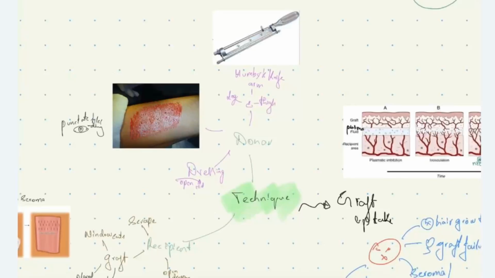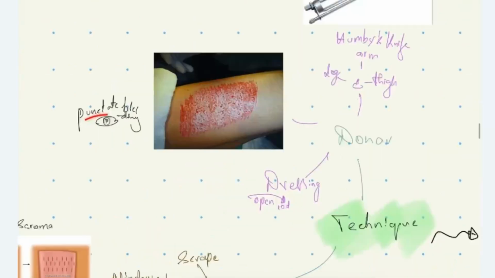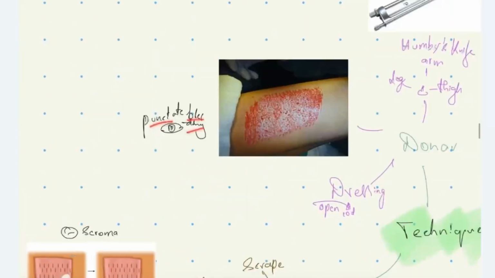The appearance of punctate bleeding in the donor will suggest that we have successfully taken the skin graft correctly. The success of the method of taking the skin graft is indicated by punctate bleeding.